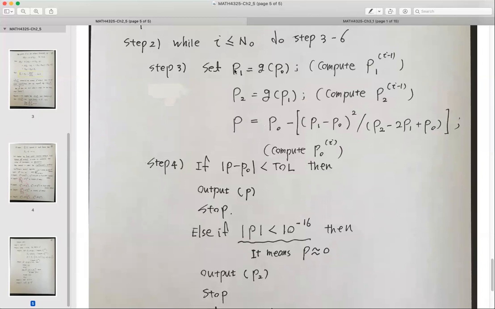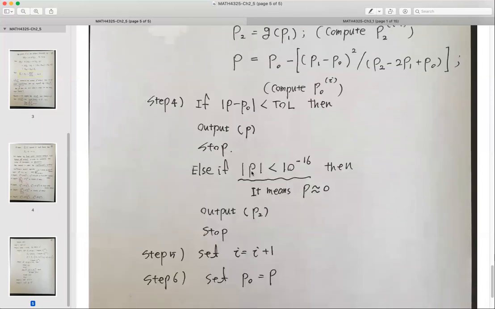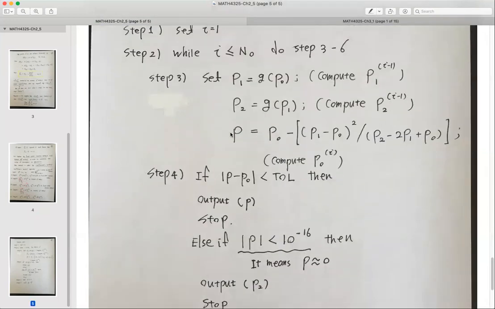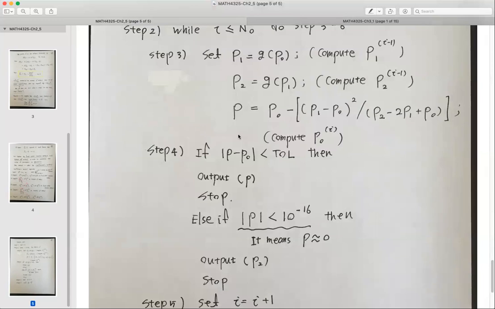When you calculate P1, eventually P, which is the P0 hat, becomes P0. Understand that? We're going to calculate P1 in the next iteration using the P0 hat from the previous iteration. So P0 will be updated by P0 hat.